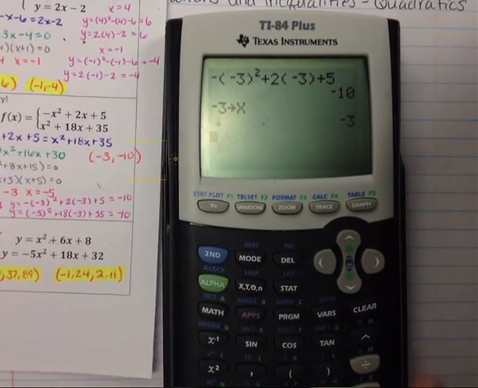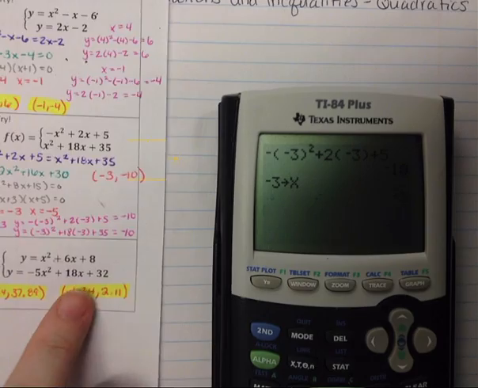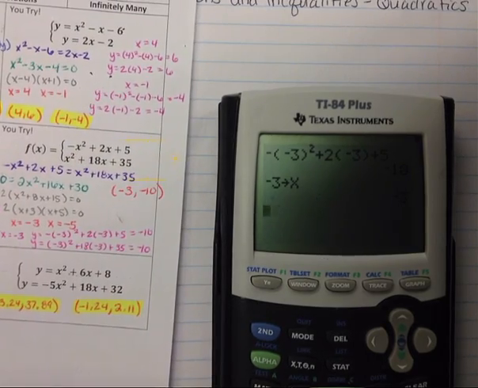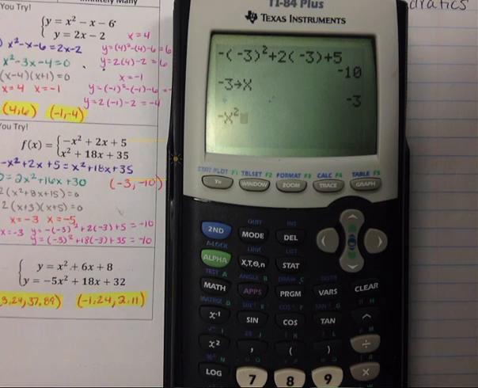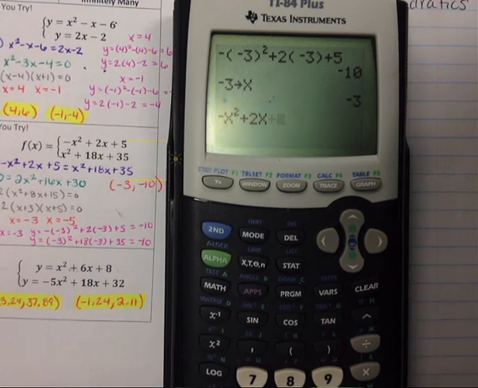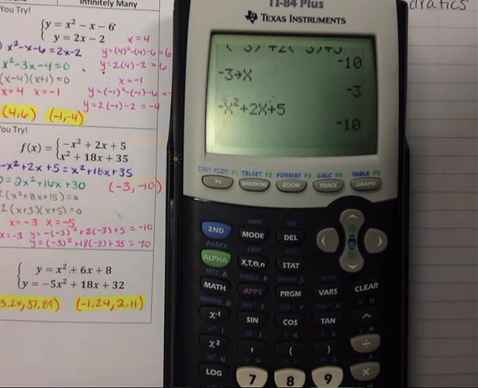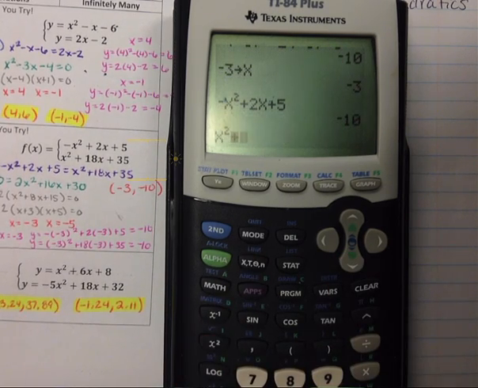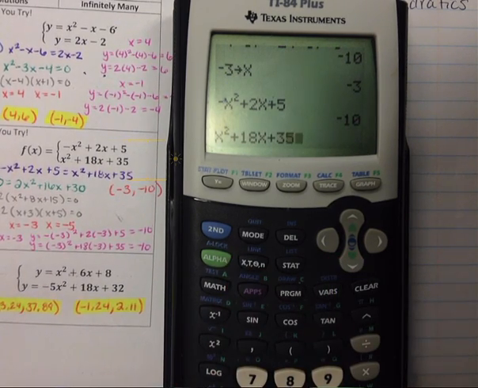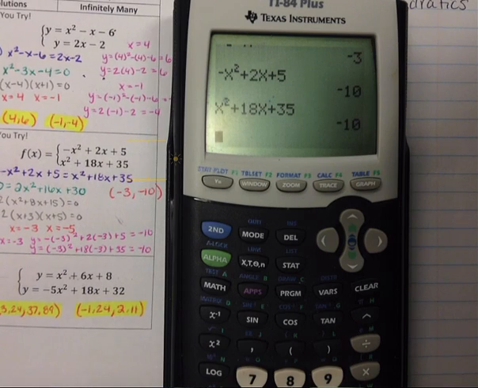Press enter. Now I'm just going to type in the actual original problem. -x squared plus 2x plus 5. I get the negative 10. And then I can also type in the x squared plus 18x plus 35. And I get the negative 10 again.